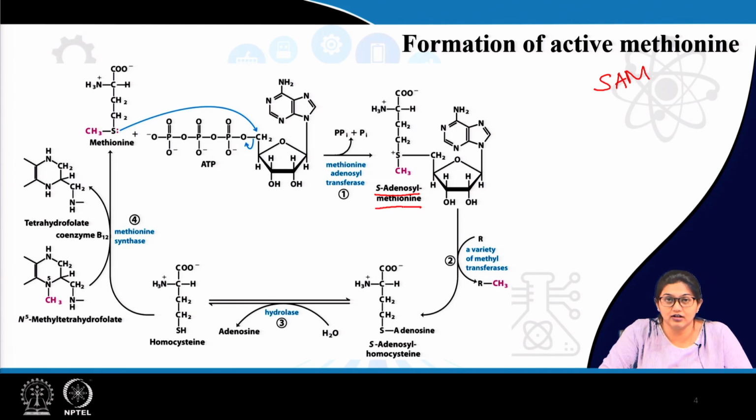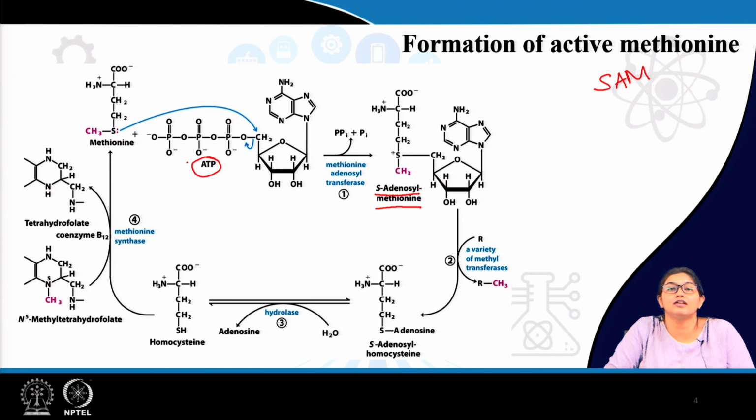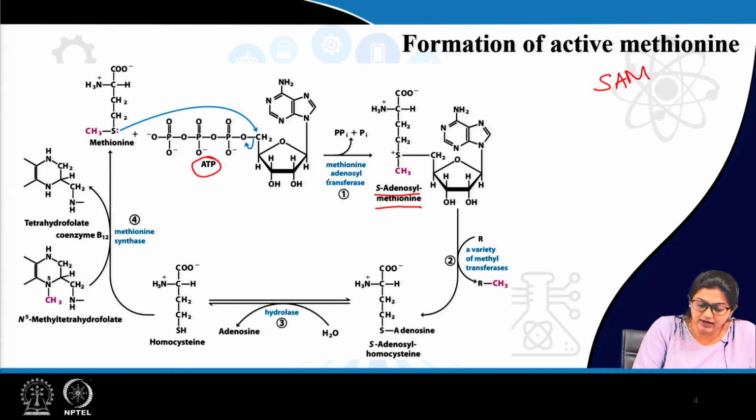S-adenosyl methionine. So, by the name it is evident that there will be addition of one adenosine molecule to the methionine, and where from does that adenosyl group come? It is from ATP. So, ATP here is the adenosyl group donor, which with the help of methionine adenosyl transferase forms S-adenosyl methionine or SAM.